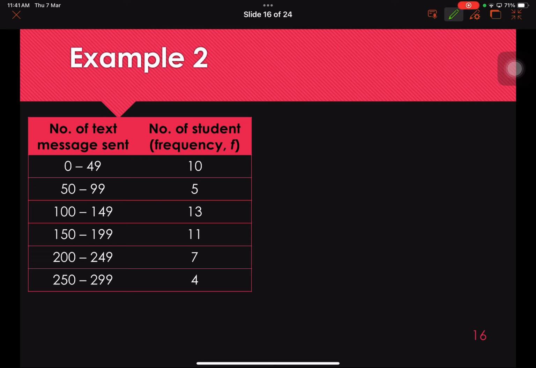What is your summation here? Can I know this one? No. Total up this one. Tak dapat? Probably there's something wrong there. It's okay.